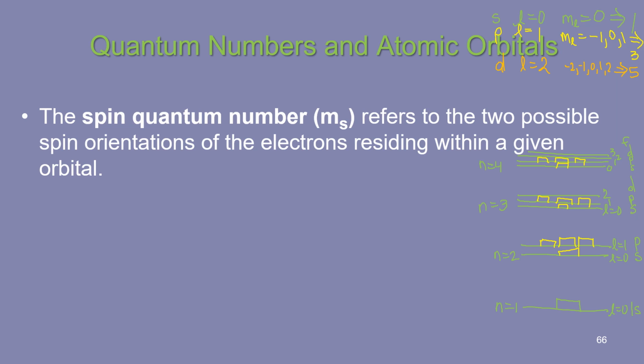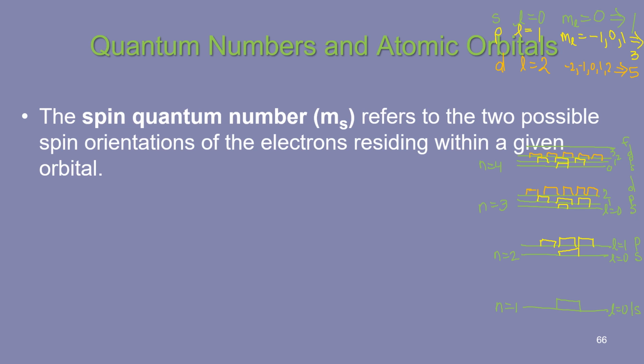The first time we get the D's is on the third, and there can be 5 orbitals. So on this D, there's going to be 5. I've run out of space. Let's go back to my green and maybe draw my last line up here.